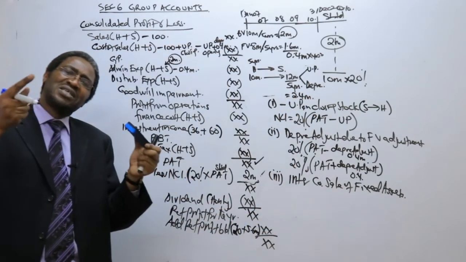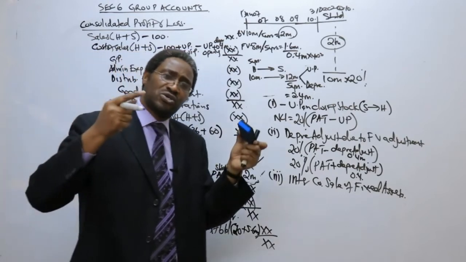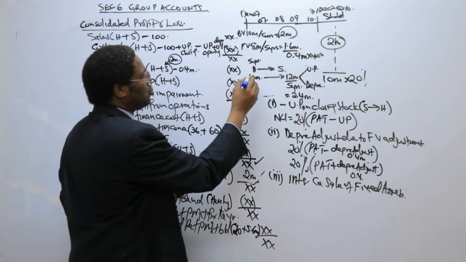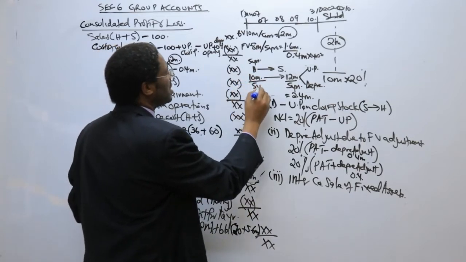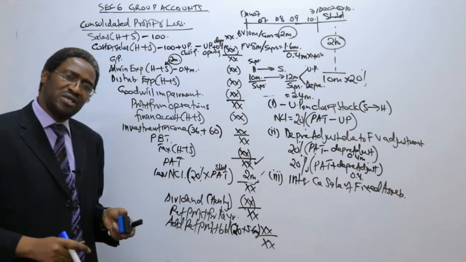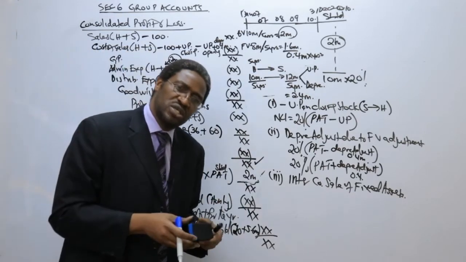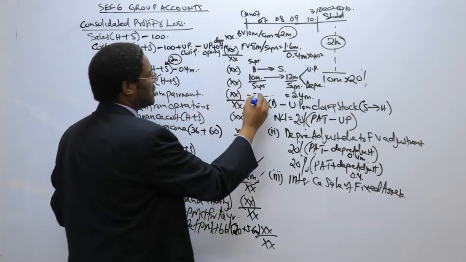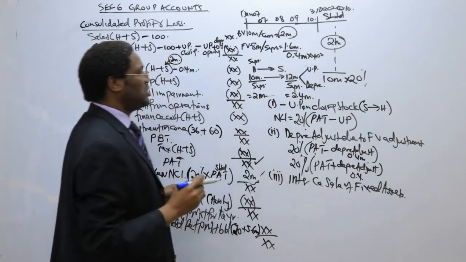But as far as the group is concerned, this machine cost the group 10 million. Over the same useful life of 5 years, the subsidiary should not have been charging 2.4 million. They should have been charging 2 million.